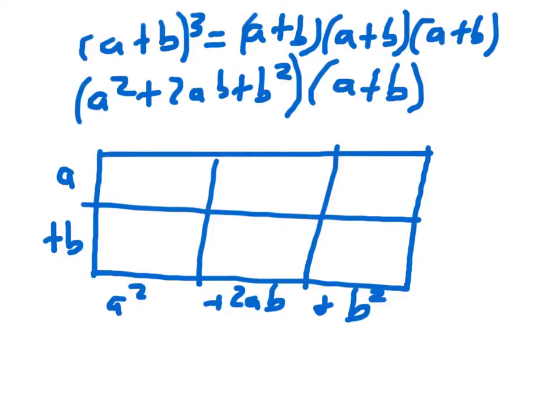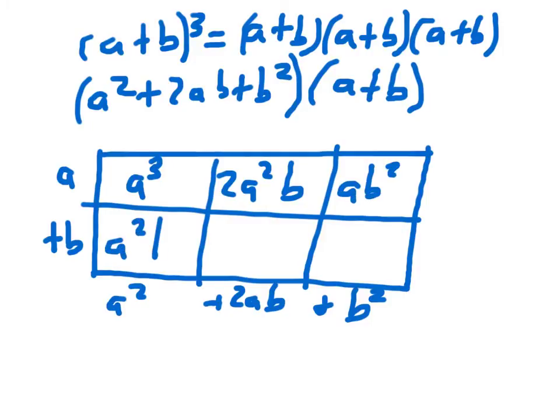So again, I find out each individual box. A times a squared is a cubed. A times 2ab is 2a squared b. A times b squared is just that, ab squared. B times a squared is a squared b. b times 2ab is 2ab squared, and b times b squared is b cubed.